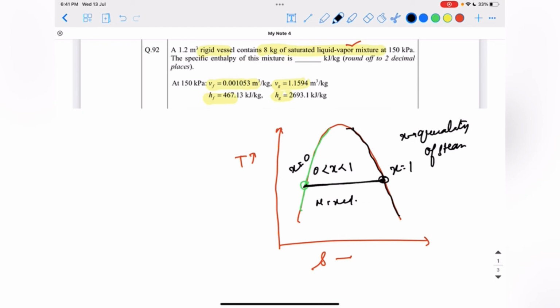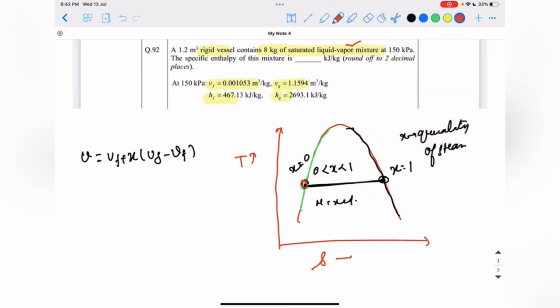If I have to calculate any property in the mixed region, such as specific volume, then it is given by Vf plus X into Vg minus Vf. Now from this equation I can also see that at this point X is equal to 0.